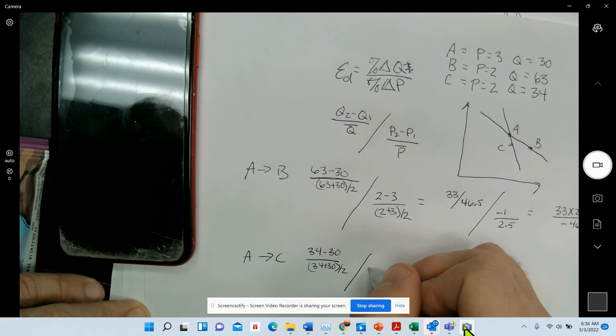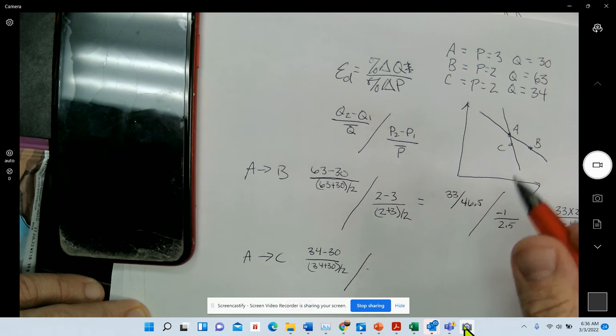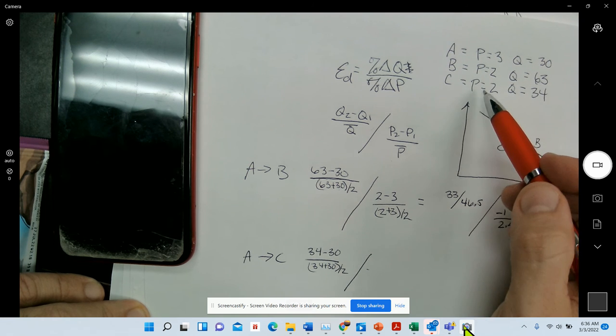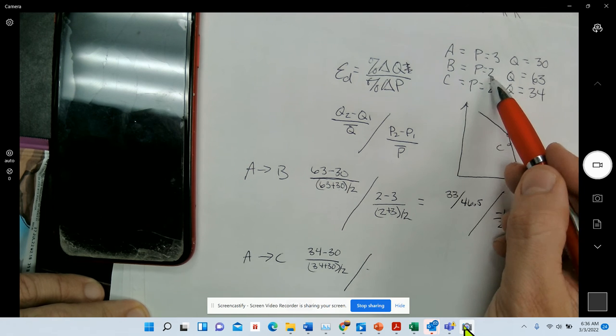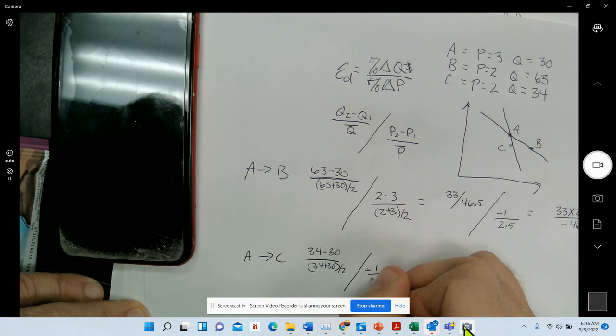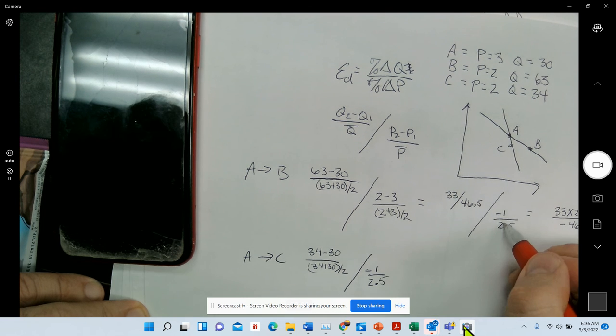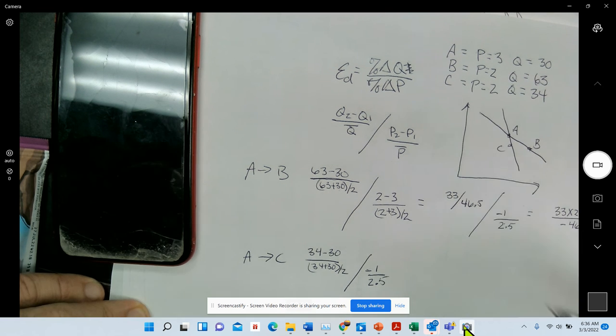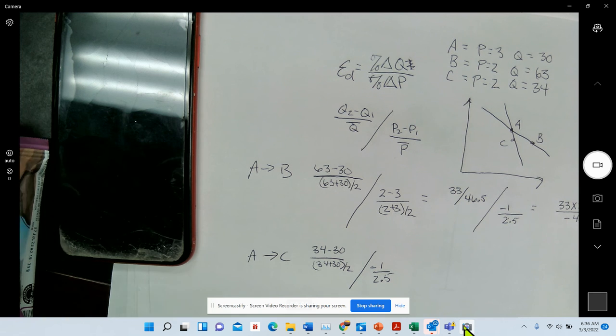It'll be the same as before because we have the same price change, so I can jump straight to negative 1 over 2.5, just like we had down here. It's the same change. Okay, fine. Skip a step there.